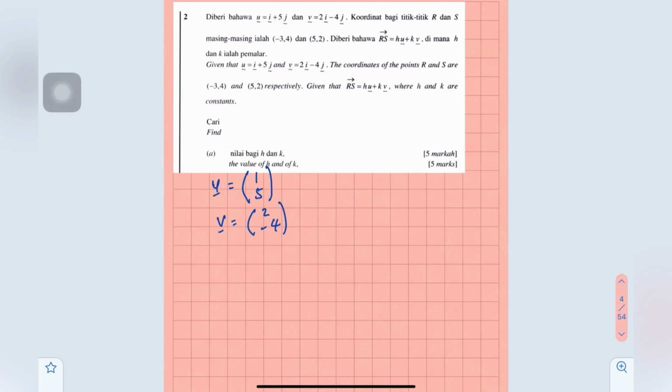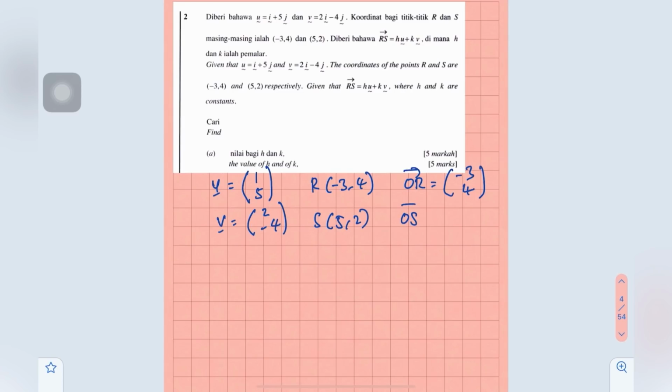Okay, lepas tu given point R, okay, point R is negative 3, 4. So kita boleh dapat position vector, vector kedudukan. So OR is negative 3, 4. Okay, coordinate S is 5, 2.